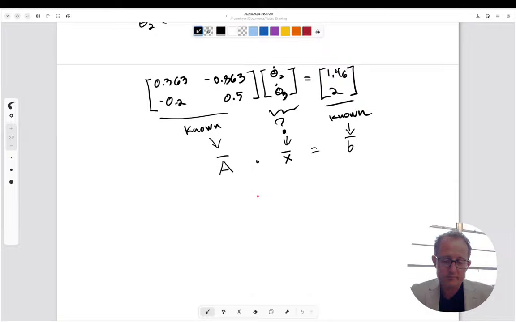Or I can plug this in. I can say, all right, here's my matrix A, here's my vector B, tell me what X is, and that's what I'll try here.